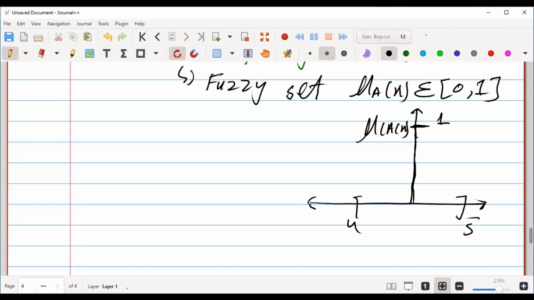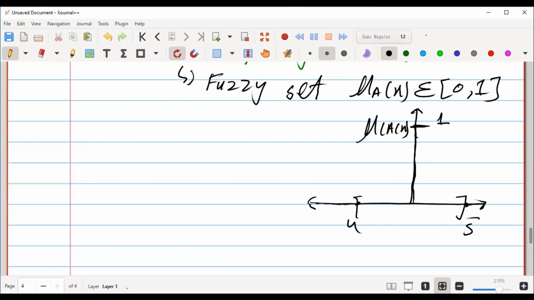If any number is less than 4, which does not belong to the interval, its membership value is 0, and any number which is greater than 5 and does not belong to the interval, its membership value is also 0.